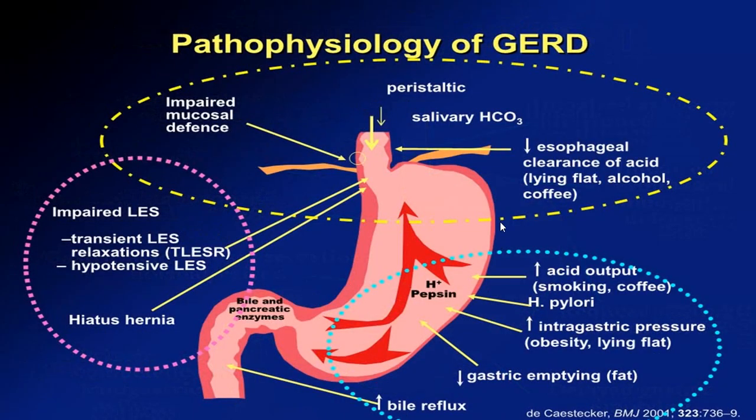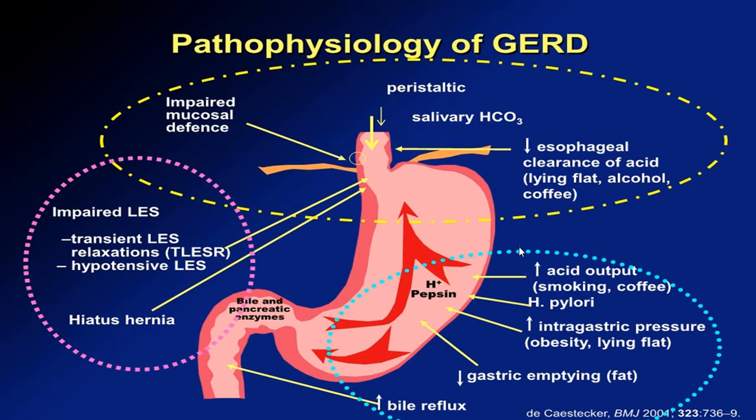So putting it together, impaired mucosal defense, decreased esophageal clearance of acid because of lying down flat and diet like alcohol, coffee, spicy food, etc. Also there is decreased peristalsis, and salivary bicarbonate is reduced, so the factor that neutralizes the acid is reduced.